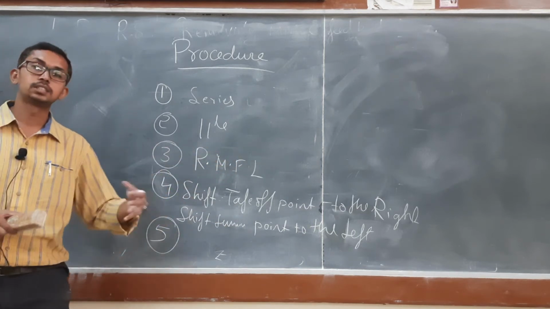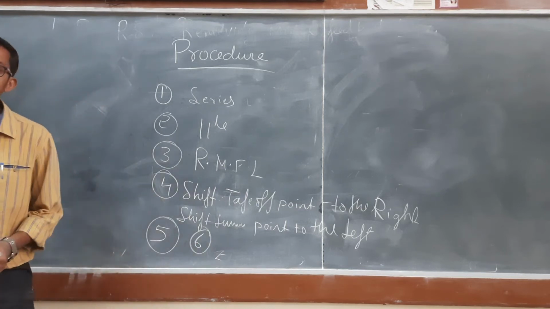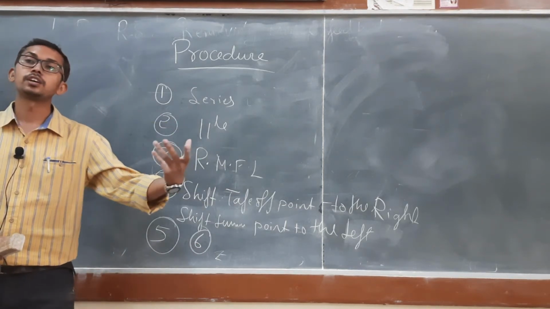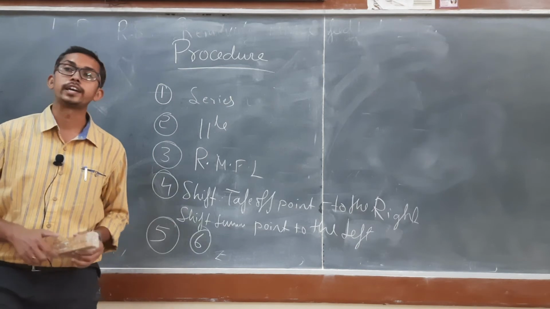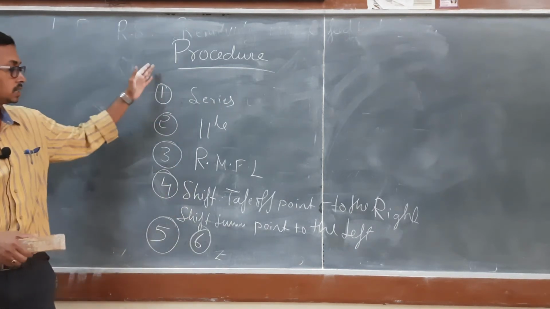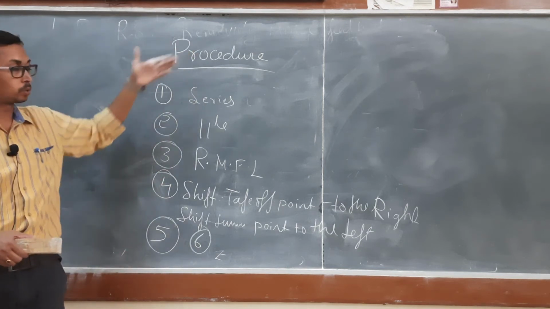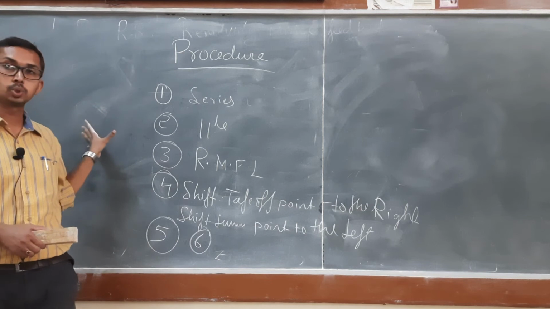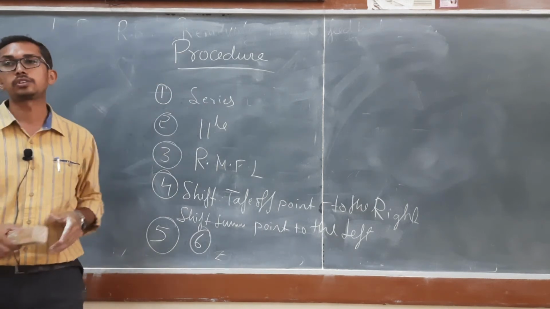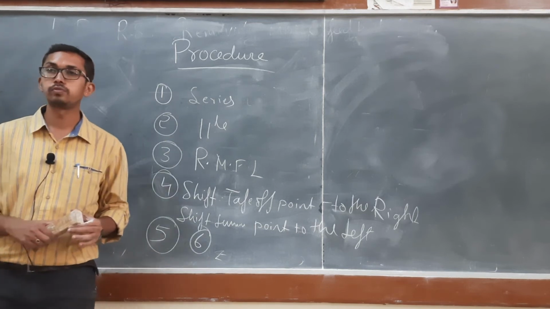The last one, step number 6, is to apply the minor feedback loop, and we need to find the transfer function of the given system. So these are the different steps, a procedure to apply the various rules and get the final transfer function. Okay, so these are the things we need to know before solving the problem.